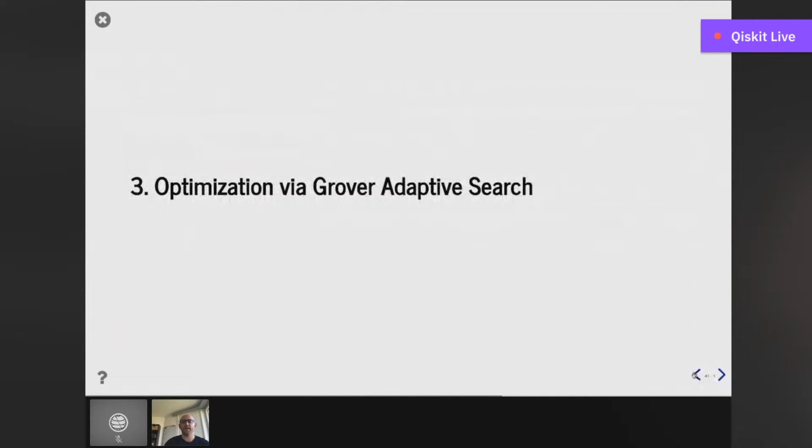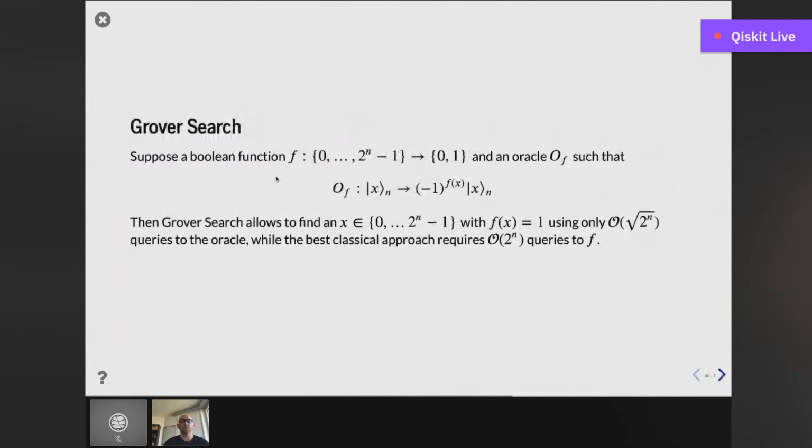All right. Now, in the third part here, I would like to discuss Grover adaptive search or optimization via Grover adaptive search. To recap, Grover search is the following. Suppose you have a Boolean function f that takes values in 0 to 2^n - 1, and that maps the values of this set to 0 or 1.